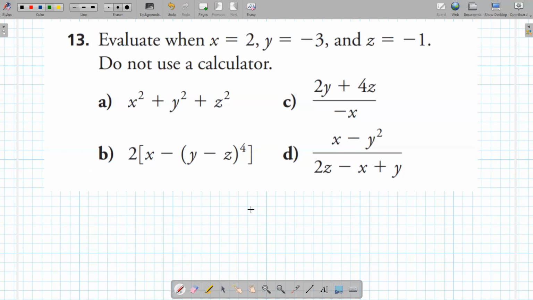Again, I'm just going to replace all the X, Y, and Z's. So 2 is X minus Y is negative 3 minus Z is negative 1. And then we have power of 4 and then like this. So 2 and then the square bracket. What do we do here?